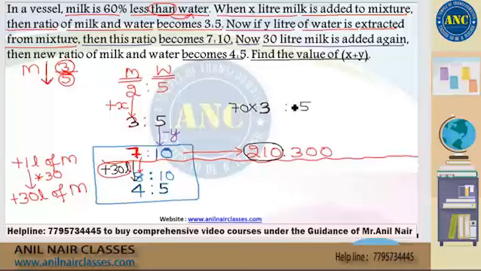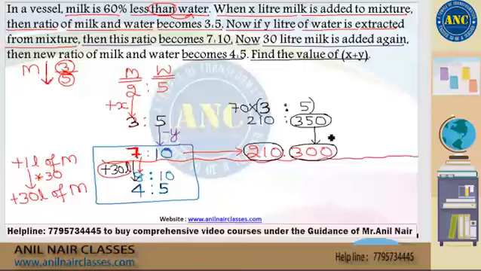Multiply by 70. 5 also multiply by 70. 70 into 3 is 210. 70 into 5 is 350. That means 350 water was present. Now 300 water is present. That means the water which is removed is 50. So y value is 50. I believe that you understood the value of y.